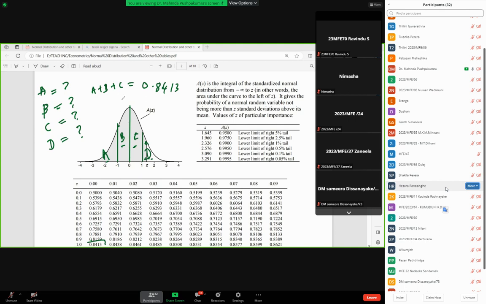Then how to find BC? No, let's see how to find C. This part. Then you know this area is AB.